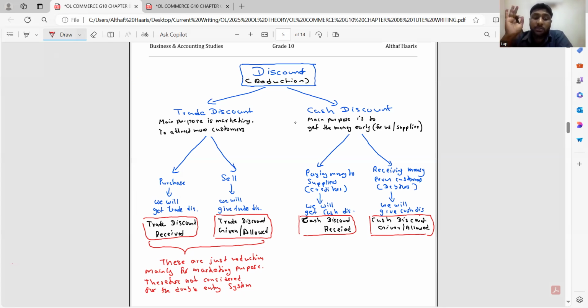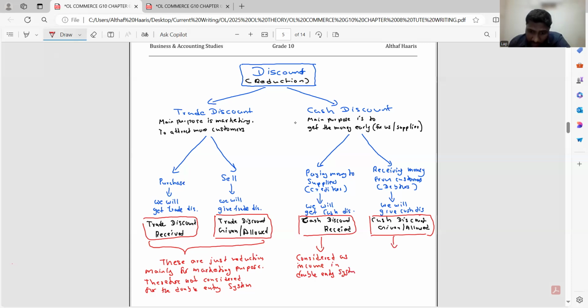When it comes to cash discount received, it is considered as income in the double entry system.